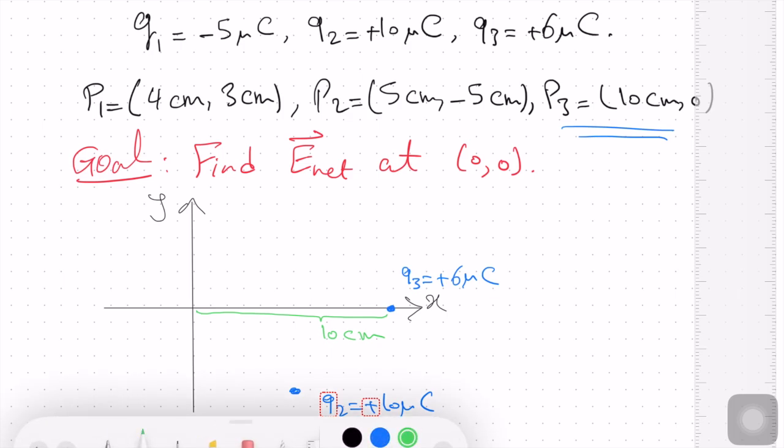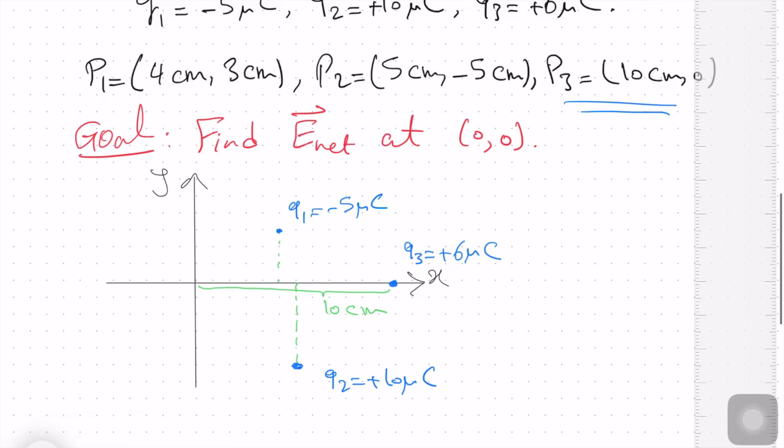If this is 5, then 4 has to be behind it. That's the level of precision we're expecting. So I'm just going to draw 4 here, like that. This would be my Q1, which is minus 5 microcoulomb.